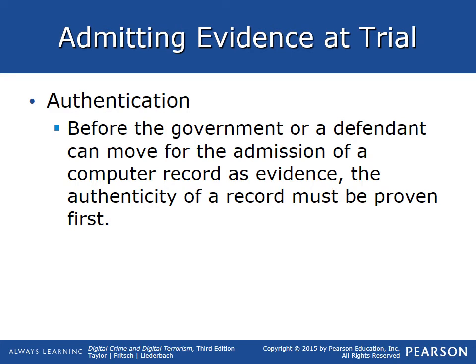All right, authentication. Before the government or defendant can move for the admission of computer records evidence, the authenticity of the record must be proven. Again, we're back to our hash value. You're creating that specific value for that file. If you want to, after this presentation, go look up the hash values and how they are used by law enforcement. It'll take you through the creation of the hash value.